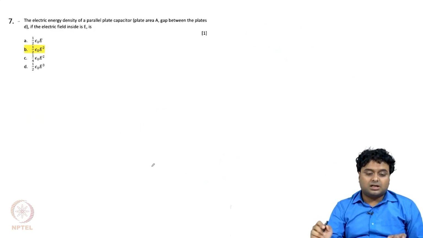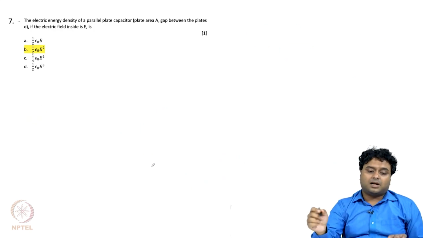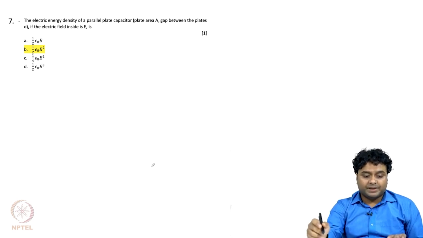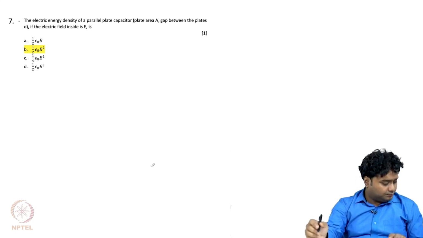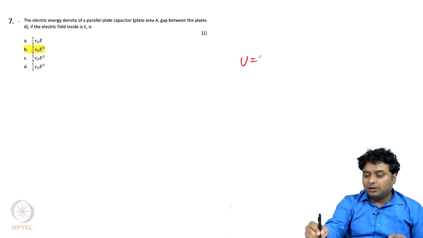The next question is the electric energy density of a parallel plate capacitor if the electric field inside is E. Now what is the energy U? U equals half C V square.